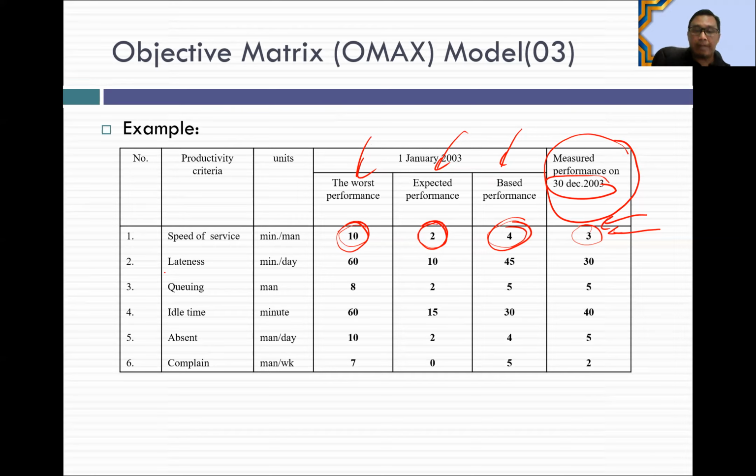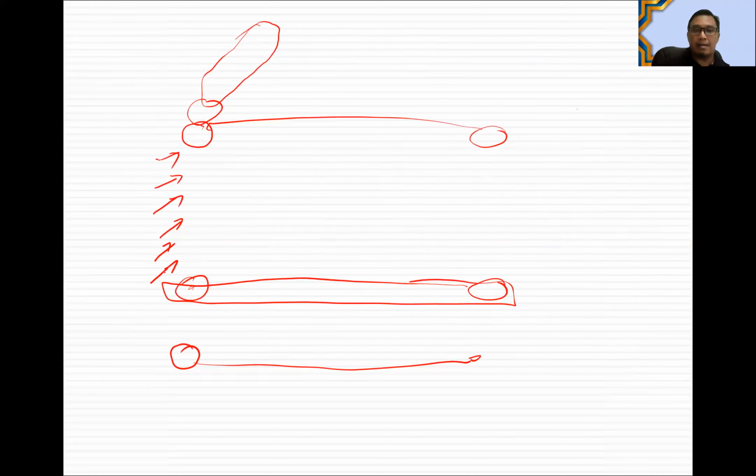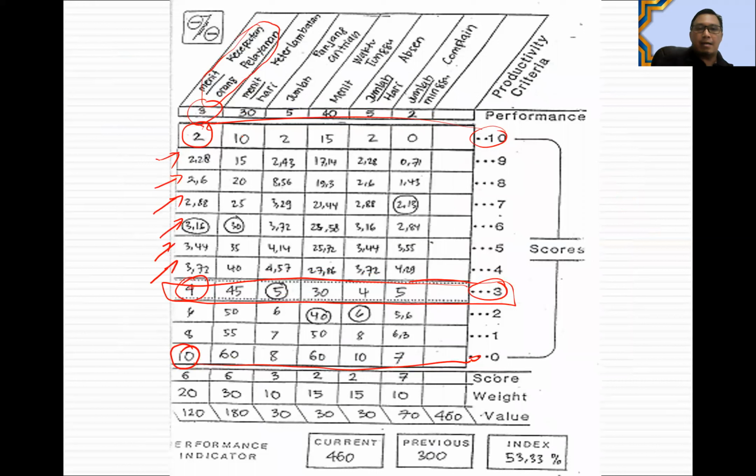So best performance will be scored 10, the worst performance, which is 60, will be scored 0, and the expected performance 45 will be scored 3. And the rest will be divided evenly for each row.